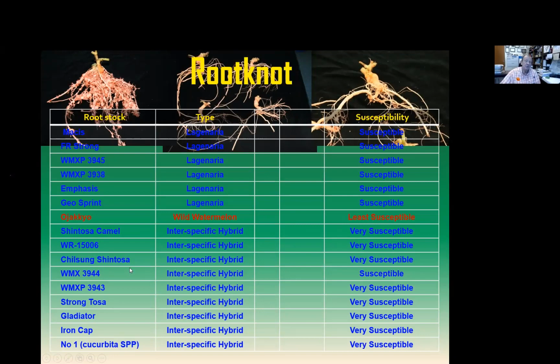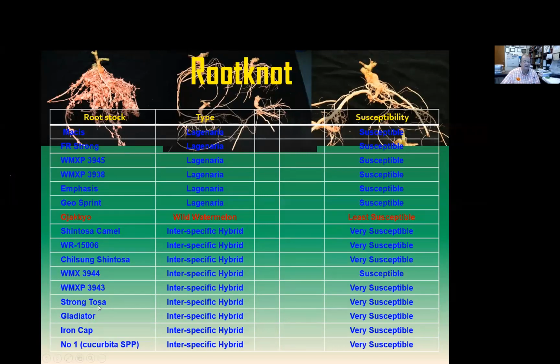You choose a rootstock. These rootstocks over the years have been selected for their resistance to fusarium, which is a major problem in cucurbits, a soil-borne disease. So it's important that you pick the rootstock that's resistant to the disease that you're faced with. Now, in the interspecific crosses here, there's a lot of different types of rootstocks.